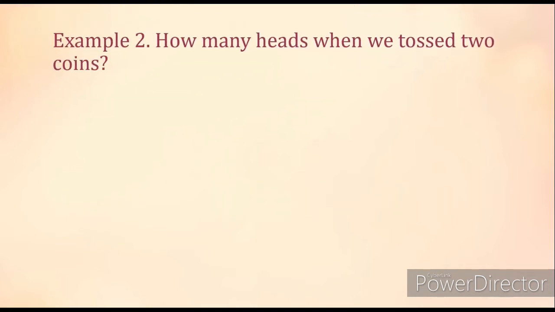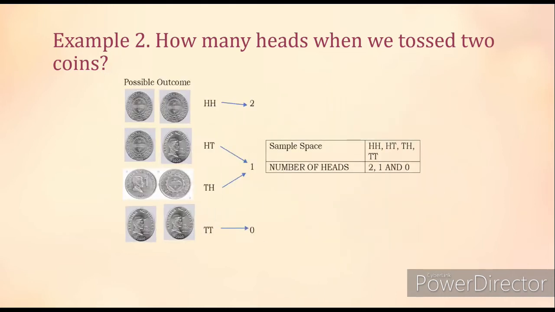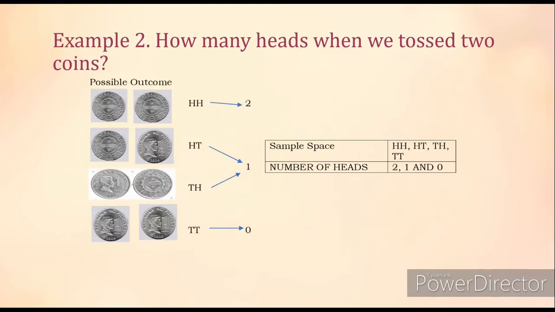Let's have example number 2. How many heads when we toss 2 coins? So here are the possible outcomes. Head, head; head, tail; tail, head; and tail, tail. Since we are talking about how many heads when we toss 2 coins, we will count the heads in every outcome. In head, head, there are 2 heads. In head, tail, and tail, head, there is 1 head.